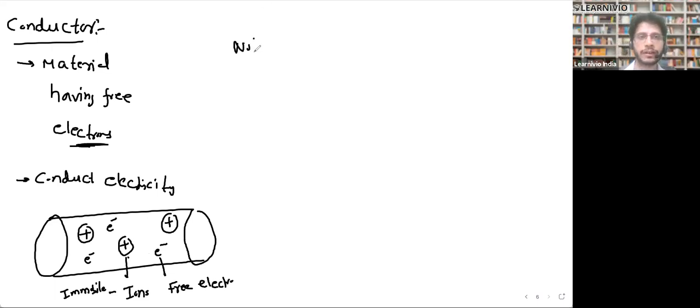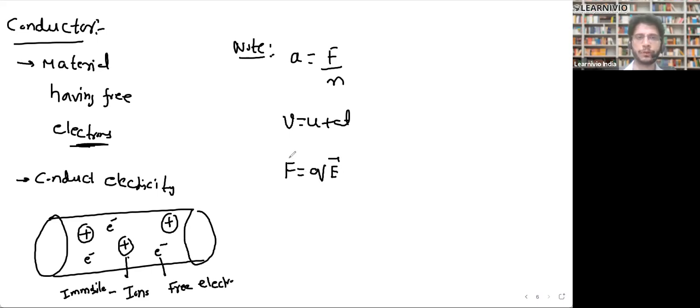For the next discussion, I'll be using some topics from class 11 and some topics from chapter number 1. The first thing I'll be using is that acceleration is force upon mass. That's from class 11. I'll also be using the relation V = U + AT. I'll be using the expression that force is equal to QE.